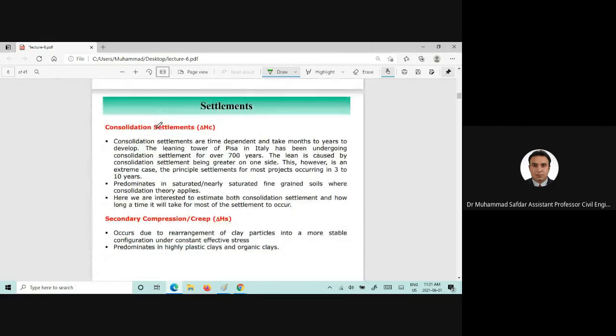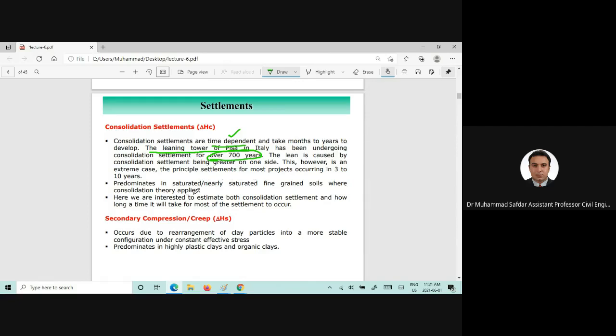Coming to the consolidation settlement, consolidation settlements are time-dependent, as we discussed, and we have seen that happening in the very famous case study, the Leaning Tower of Pisa. Over 700 years, consolidation settlement has been occurring, particularly in those types of clays, a huge amount of settlement.